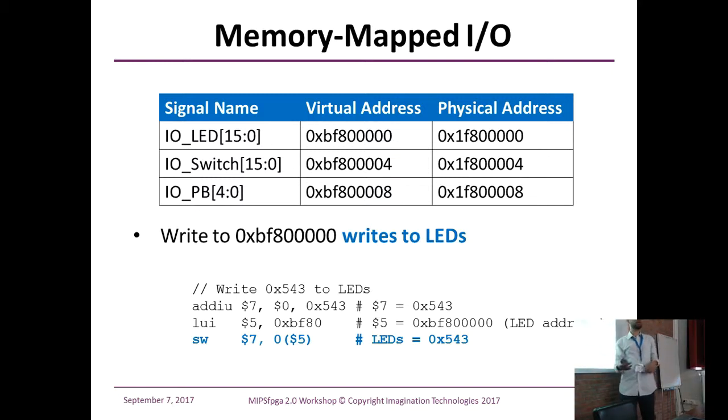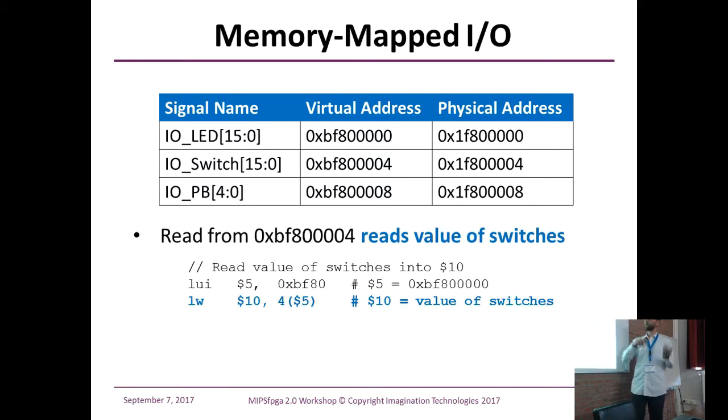Then after a couple of cycles, the LEDs will light up. Those LEDs which are high in 0x543 will light up. Similar for read, we have an address location that we want to read from, BF80. It's the same base, but the offset is 4.